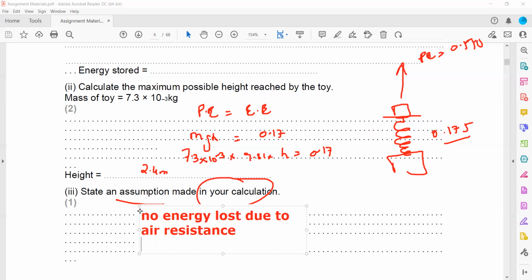We can also say the elastic strain energy converted into kinetic energy first because it starts to move, and then all the kinetic energy changes to gravitational potential energy.